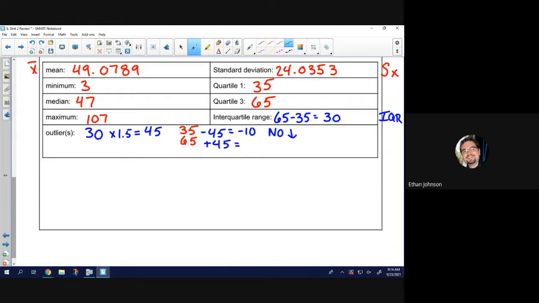So 65 plus 45 gets us 110. Looking at our numbers, we have no number larger than 110. So we have no upper outlier, meaning we have no outliers.